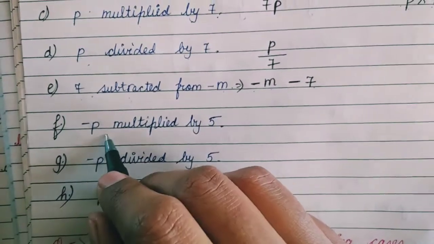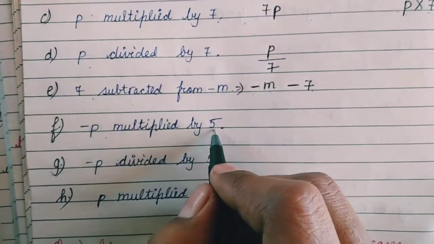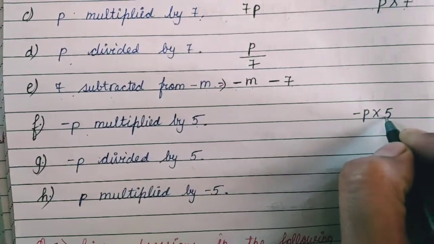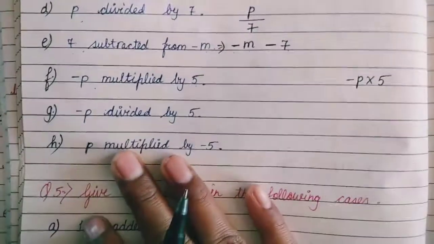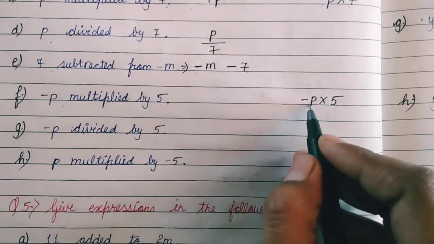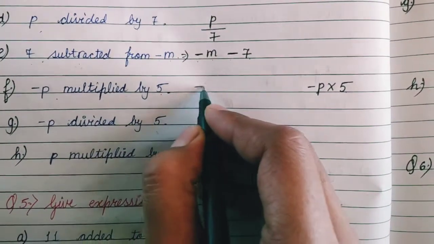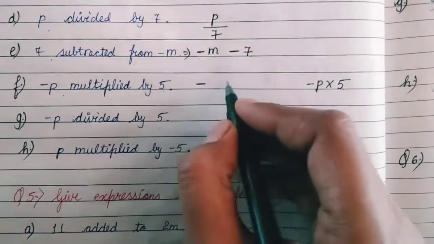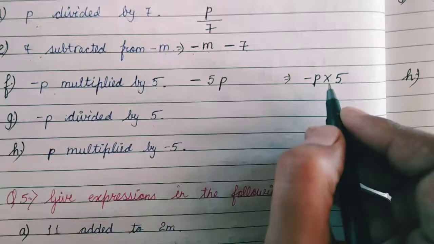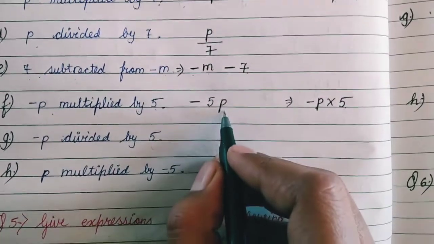Then minus P multiplied by 5. We are not able to write it in this form because always the coefficient comes before the variable. So we simply shift the negative first, then the coefficient will come, then P. Same thing is here, but we are just shuffling the places.